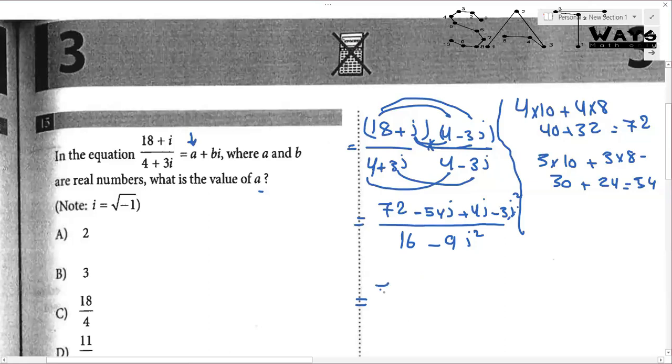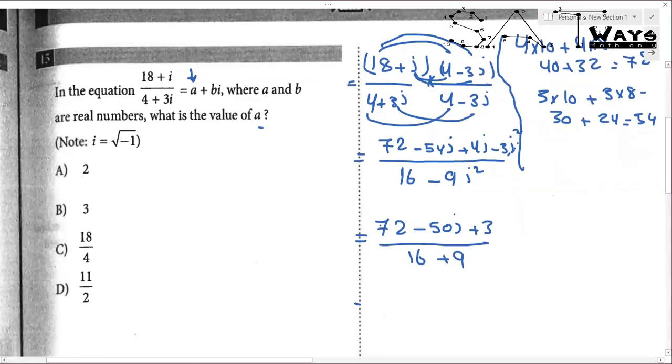So 72, negative 54 plus 4 is negative 50i, plus 3, instead of negative 3i squared. Down below, 16. i squared is negative 1, so negative 9 multiplied by negative 1 is plus 9. Then 72 plus 3 is 75, minus 50i, divided by 25.